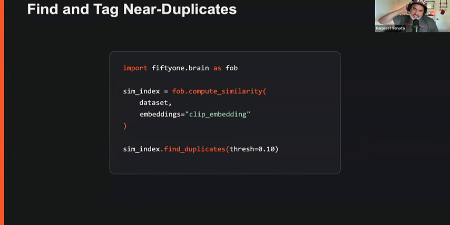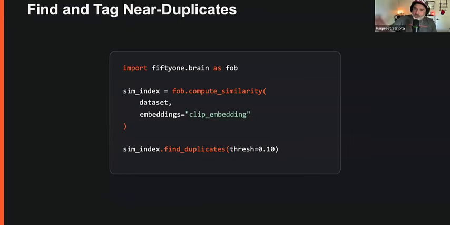Let me rephrase that. The non-duplicate set is going to be formed so that the pairwise distances between the retained examples are greater than that threshold.